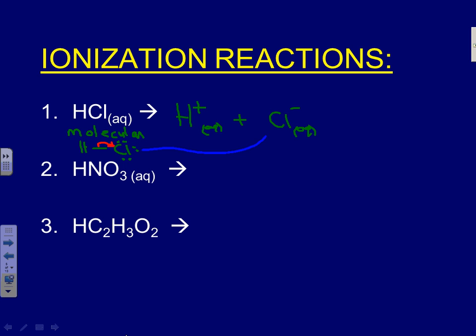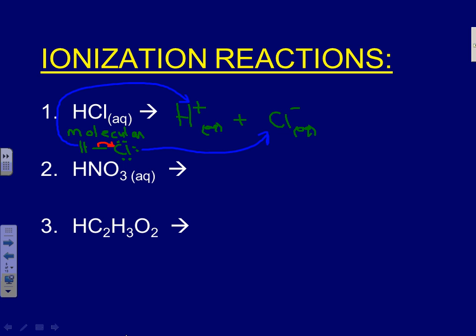The H now is missing its electrons, which means it becomes a positive charge. So the molecule is literally ripped apart as it goes into the water, called ionization. It started as a molecule and then becomes ions in the end.